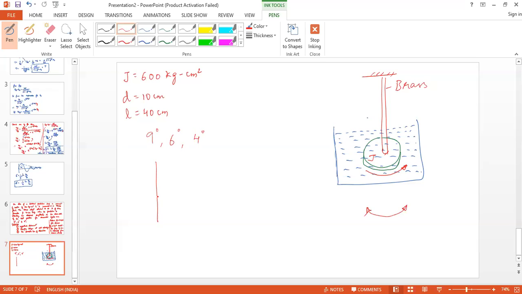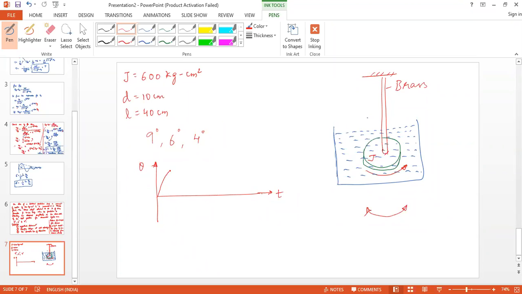If I draw the graph, this is time t, and what is the y-axis here? Degrees, sir. It is a displacement or a rotation, here it is degree theta.